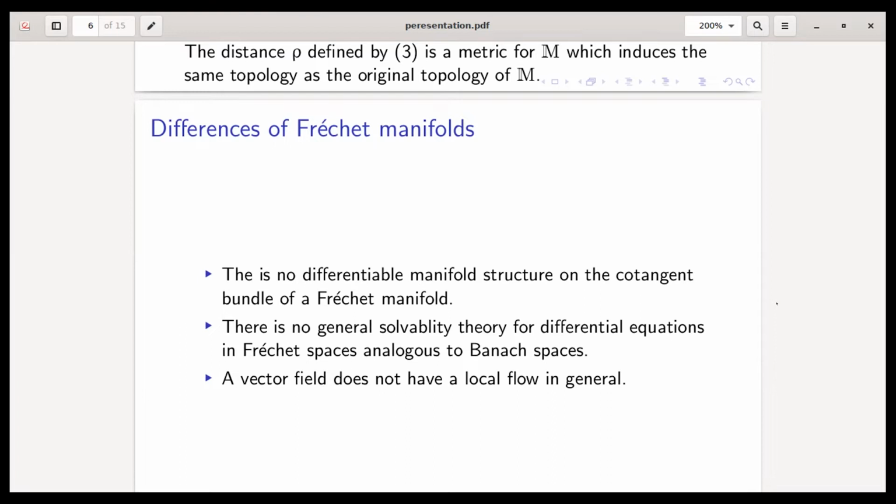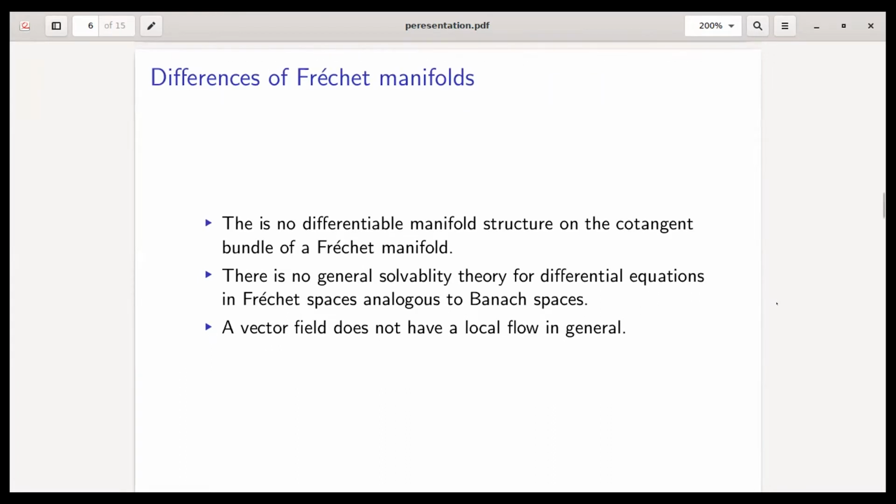Consequently, the Finsler structure on the cotangent bundle and concepts such as the gradient flow, pseudo-gradient flow, and the Palais-Smale condition are lost. Well, there are big differences between the Frechet case and the Banach and Hilbert spaces.